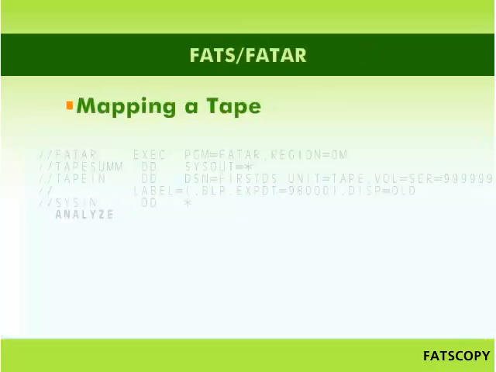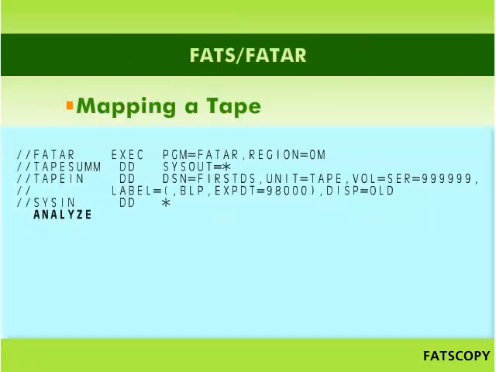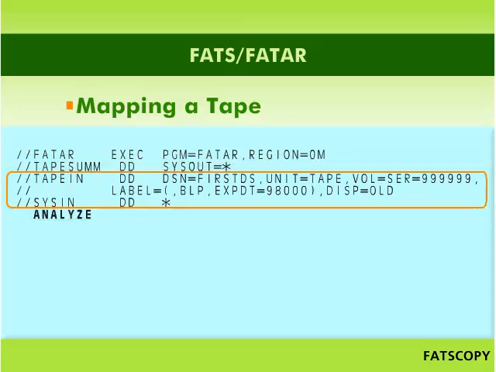The MAP facility provides a compact summary of the characteristics of all files on a tape. In this example, label equals BLP is specified on the tape-in DD statement, which allows any tape to be mounted when a request for volser 999999 is issued, although you may need to specify an expiration date of 98000 so that your tape management system does not attempt to verify volume 999999.